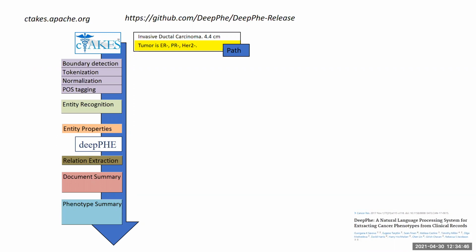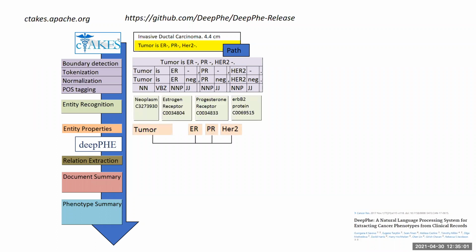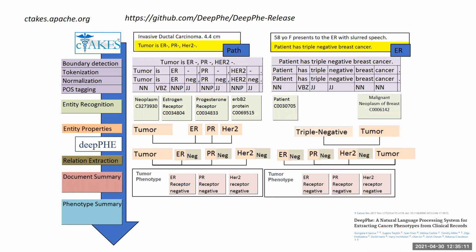So this is a toy example. Imagine that this is a pathology note, so it goes through sentence boundary detection, tokenization, normalization, part of speech tagging, entity recognition, the discovery of the entity properties, relation extraction, summarization at the document level, and the same is done for each incoming note for that patient.